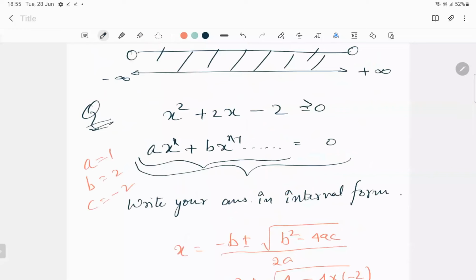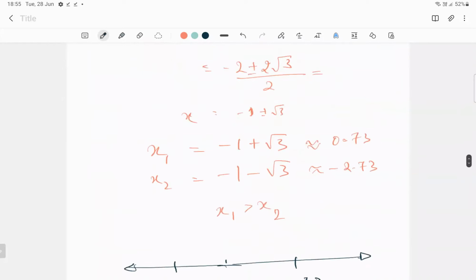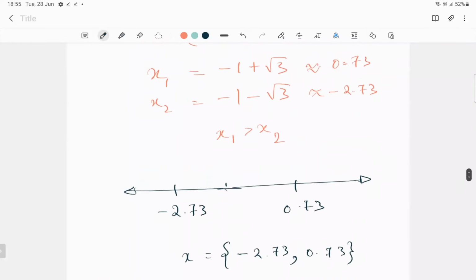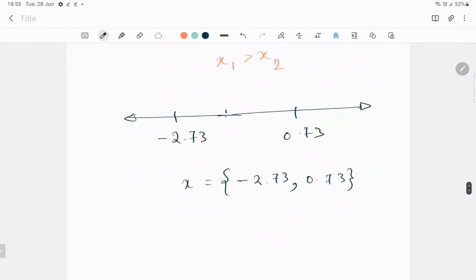Inequalities also you have solved. You have solved inequalities, right? How come you are saying this? You have not solved inequalities. Anyway, even if you don't know, there is no point of talking.